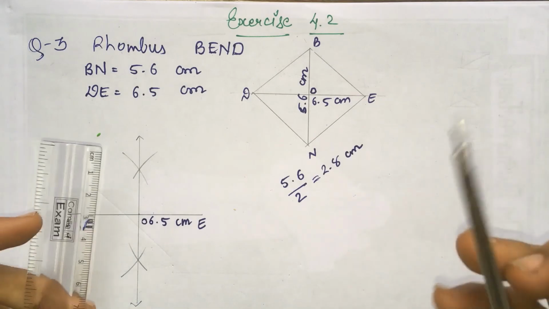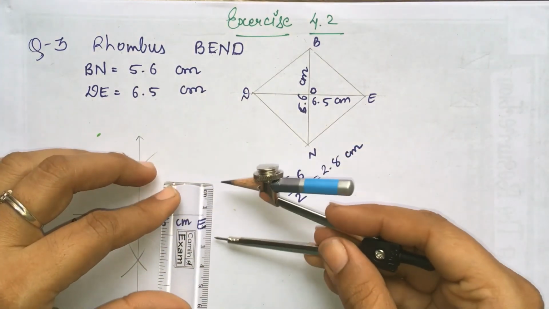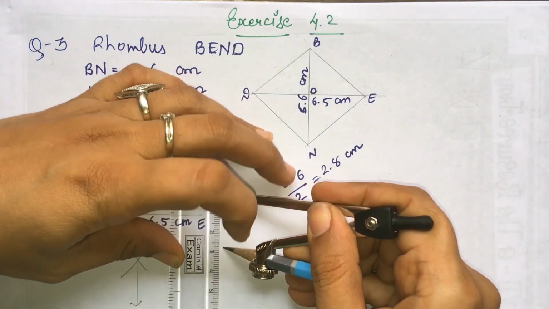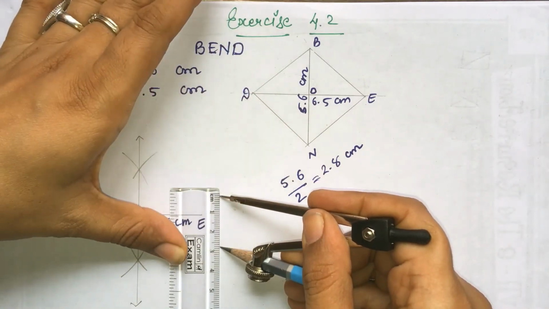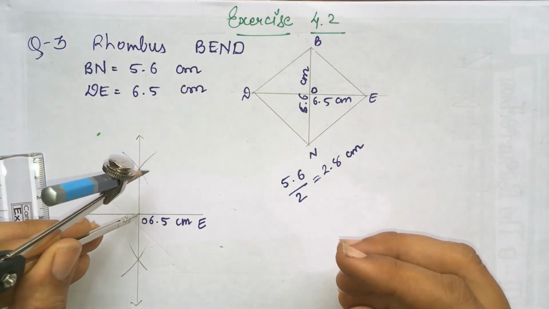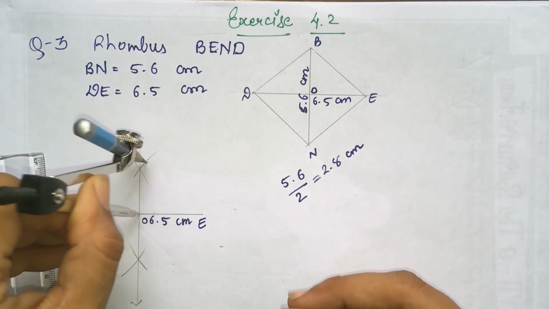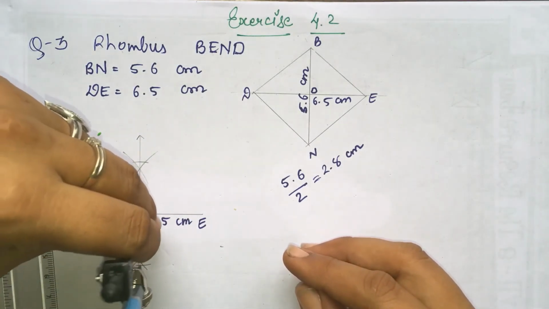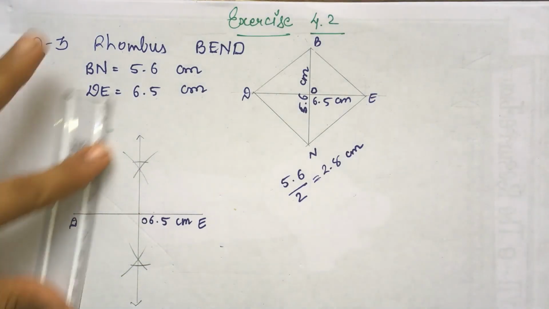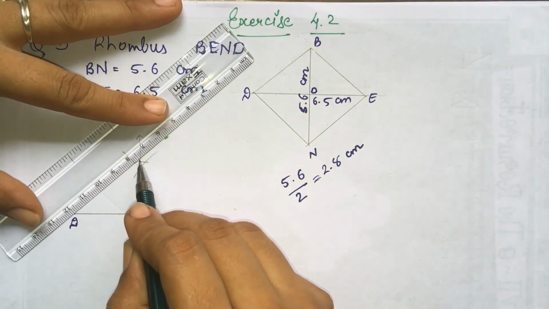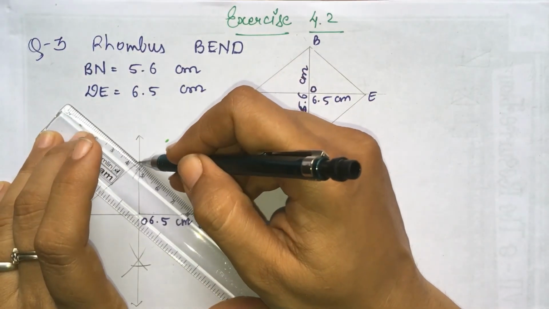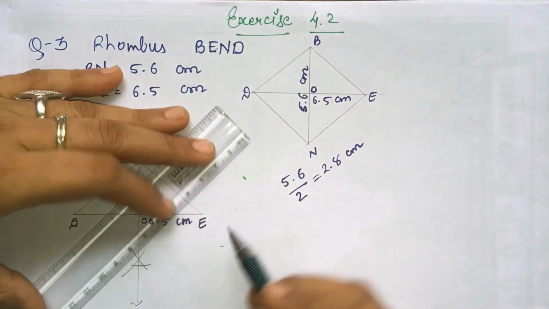So now we will take the radius of 2.8 centimeter. So from center point O, I will take 2.8 centimeter and draw arcs on both the sides. So this is 2.8 centimeter. So now I will join these points and we will get our rhombus BEND.